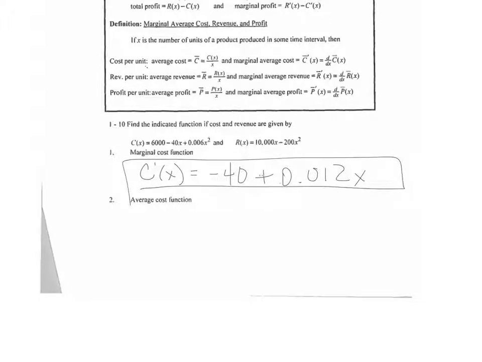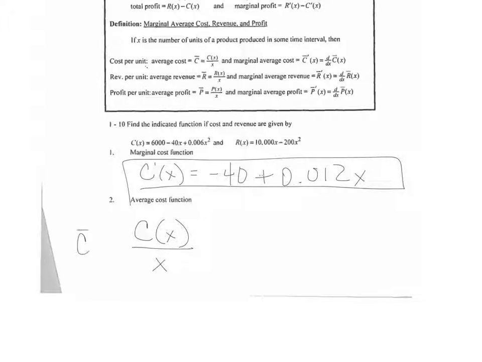You're done. Now, can I find the average cost function? All I have to do with average cost is what? If you look back up here, average cost is found by doing what? You got it. I'm going to divide it by however many I produced, which is my x.